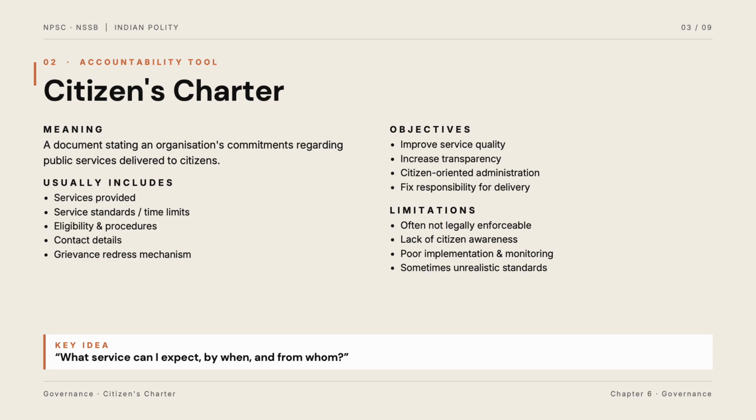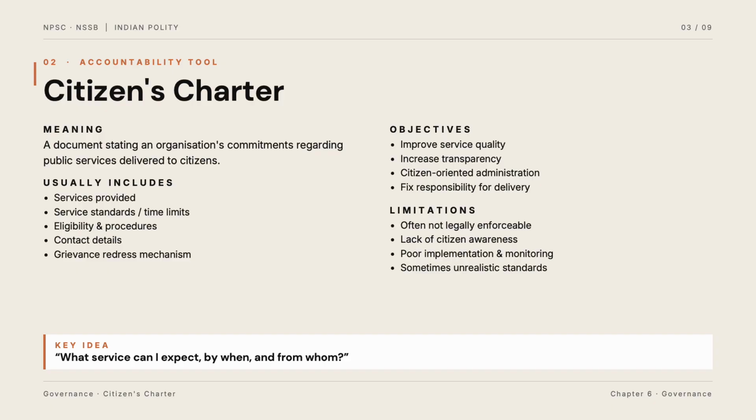So the limitation is that it's not legally enforceable, and there is a lack of citizen awareness as well. Not many citizens visit the website and see the departments' citizens charter. For example, in a citizens charter, first they will show their commitment, saying that they will do their duties well, and these are the services that we provide, and these are the standards, and then the time limits, and what are the eligibility and procedures.